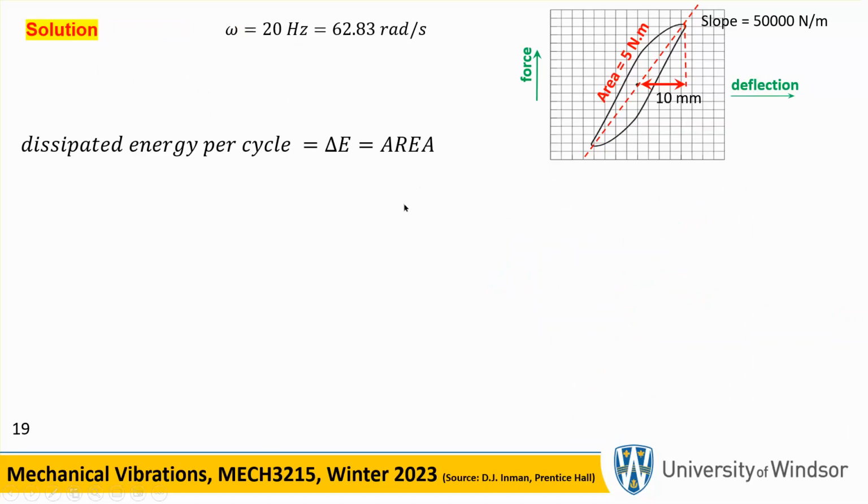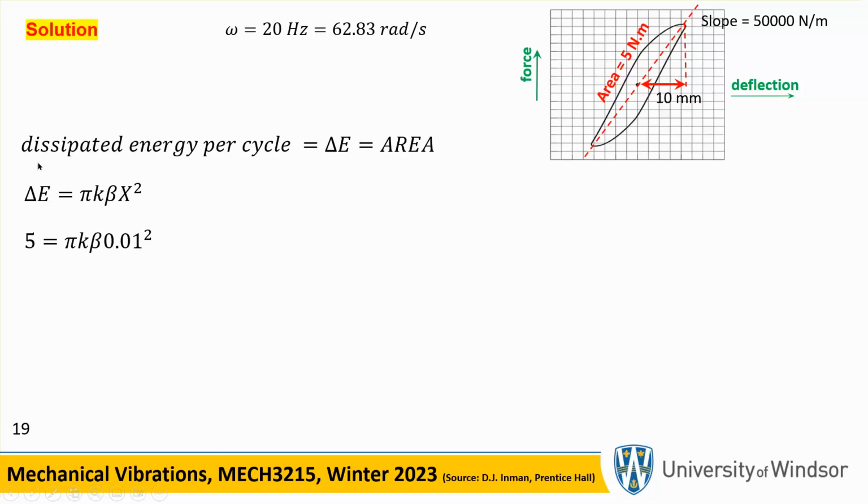This area is the dissipated energy, and we know that for material damping, this is what you got. Okay, so we're going to replace that. See that for material damping, this thing is independent of omega.